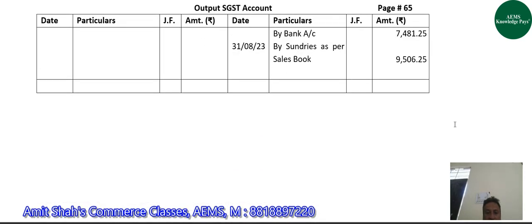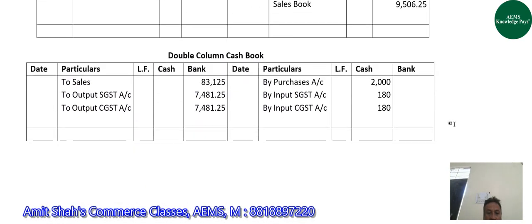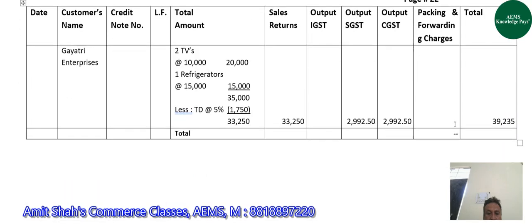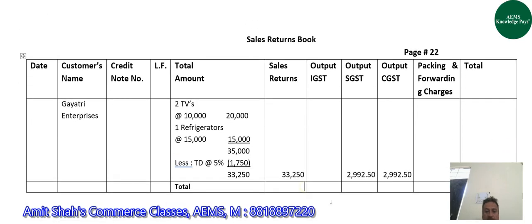And now at the end of the month, the accountant will do the total of this book. Here we have only one single transaction of sales return. So the total of that would be the same as the amount of the transaction.